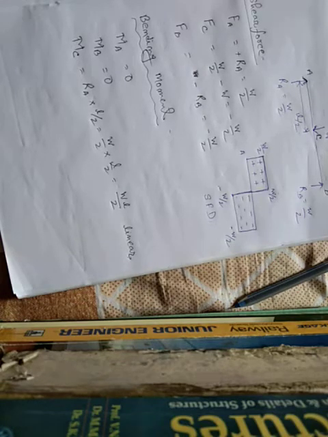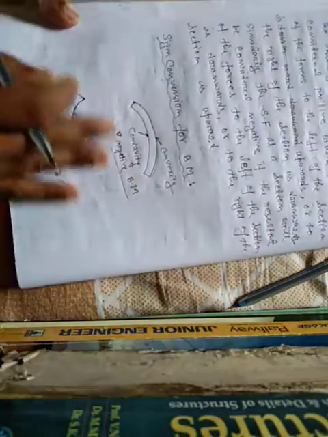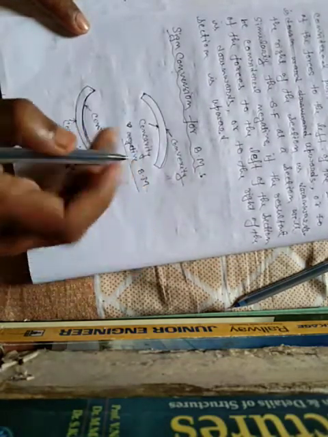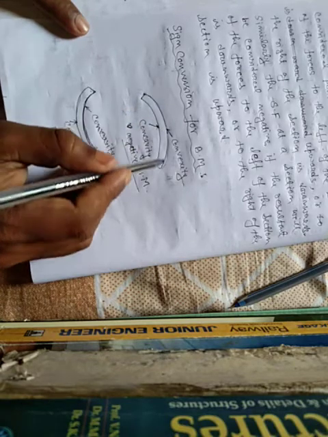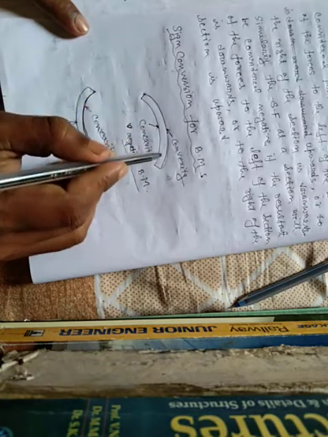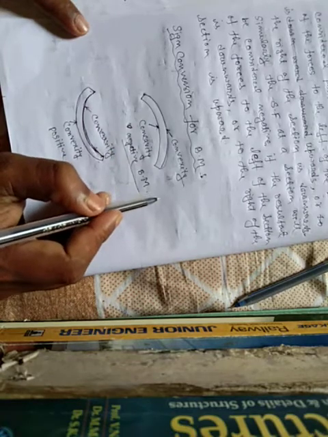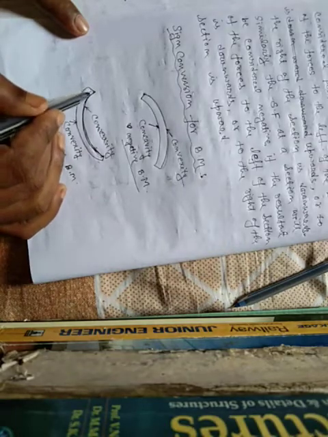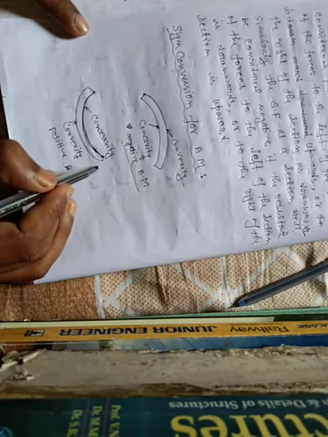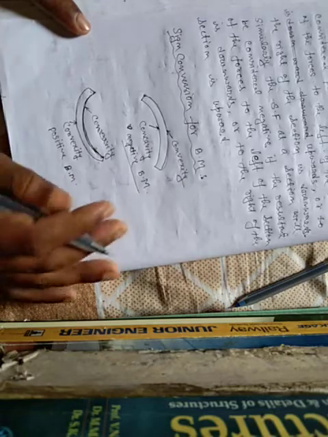Let me go back to the sign convention for the bending moment diagram. If the shape of the top fiber is convexity, then the moment is negative, and if the shape of the top fiber is concavity, then the bending moment is positive.